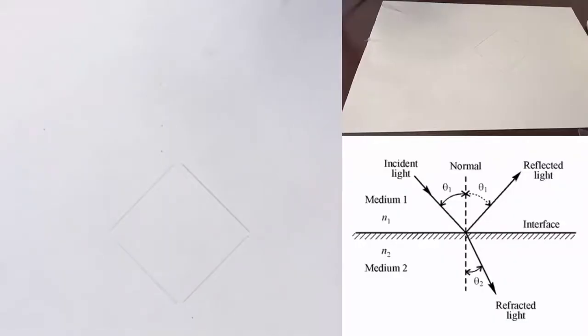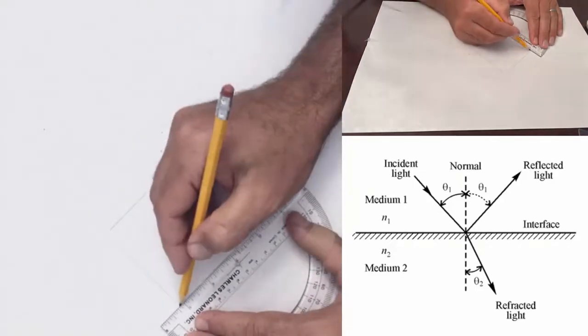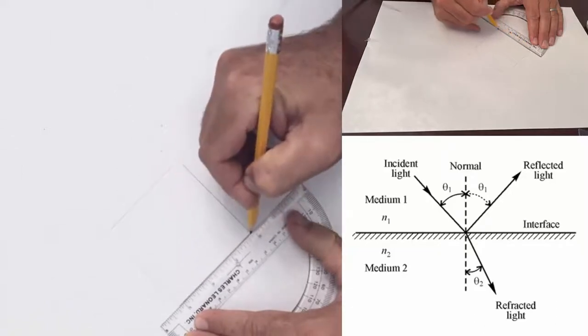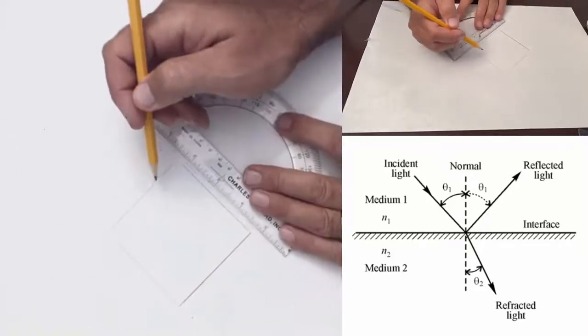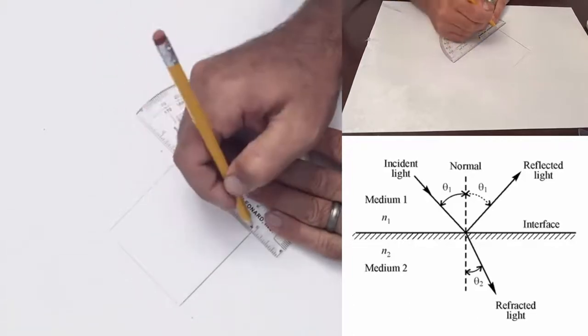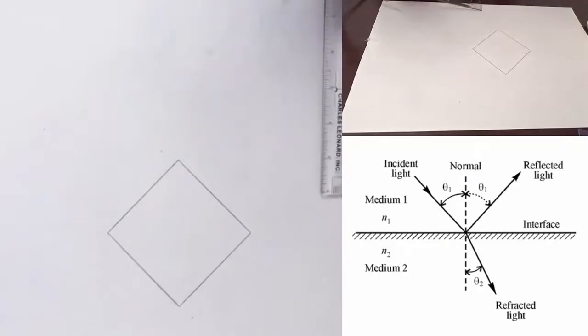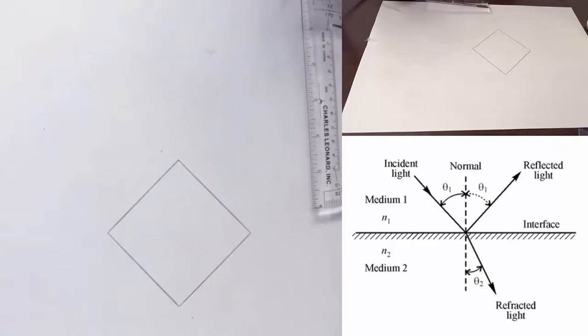Let's now improve our sketch. So first we are going to improve the footprint of our optical block. And the next step is to establish the paths of the two light rays, so incident and the refracted ones.